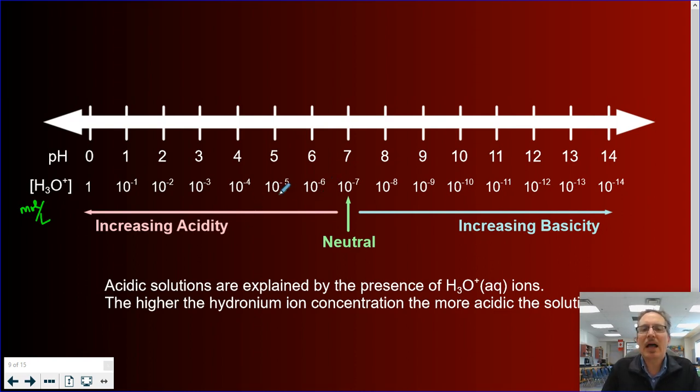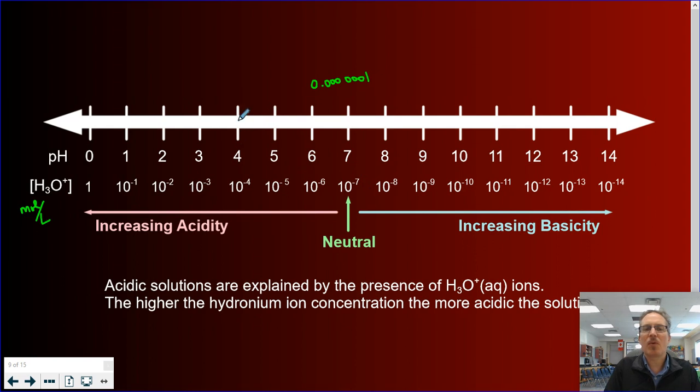Because I know some of us struggle with scientific notation, I would like to take a few of these numbers and put them into a real number. So if I take a look at, let's say, 10 to the negative 7, water, neutral. This number in a real concentration out of scientific notation is actually 0.0000001 mole per liter.